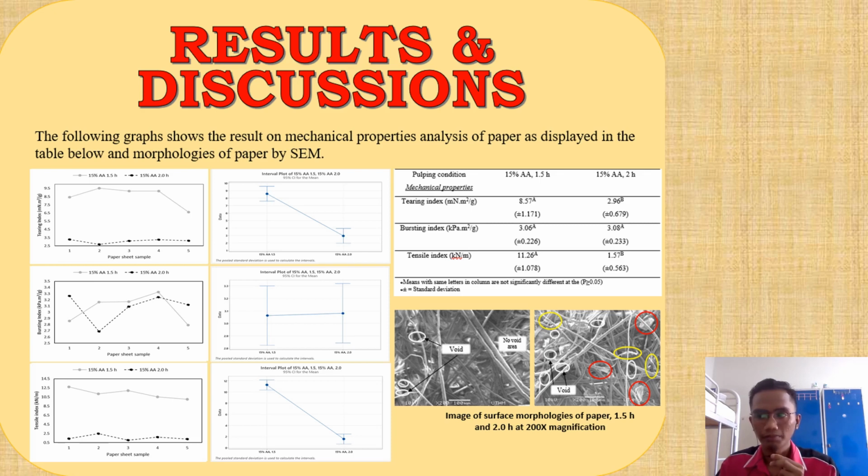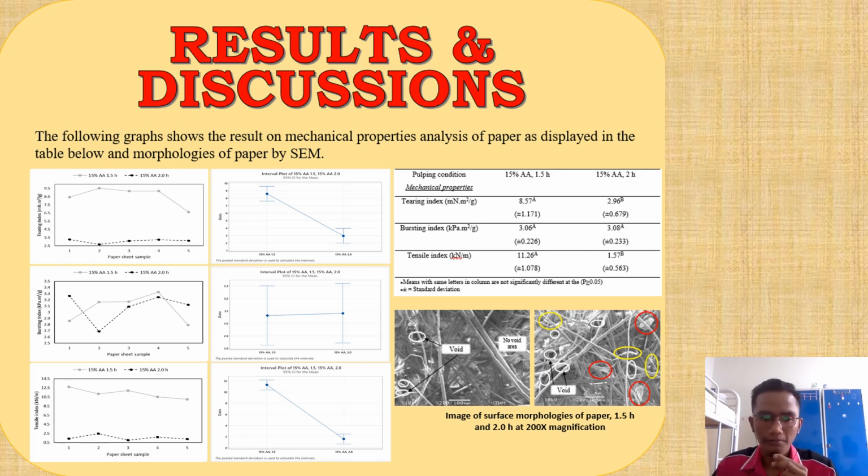From the results, the tear index for 1.5 hour was higher than 2 hours and the standard deviation was quite high, as shown in the picture. In 2 hours cooking time, the result is low due to carbohydrate dehydration and manual handling during pulping. The difference shows that the interaction of fibre in the paper improves the physical properties at a certain amount of dosage.